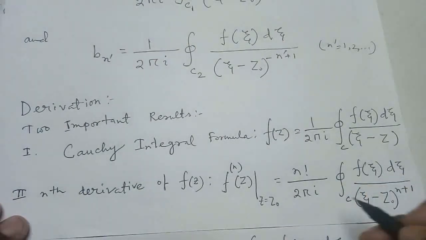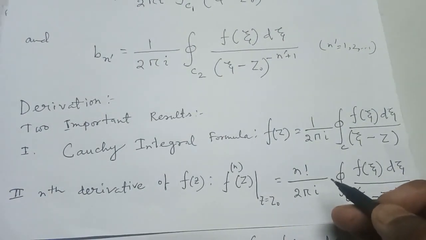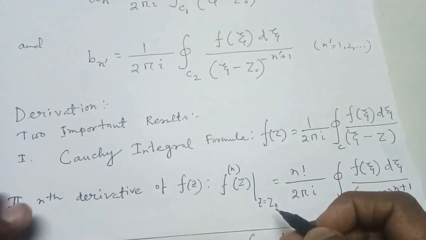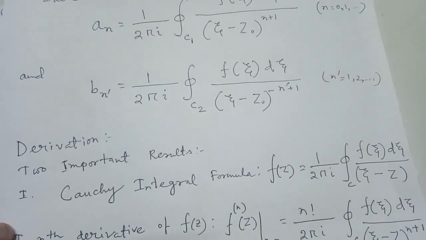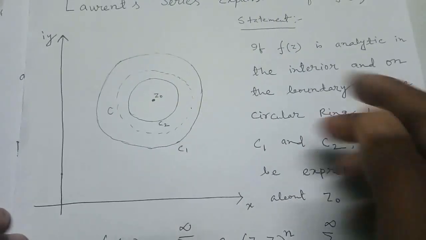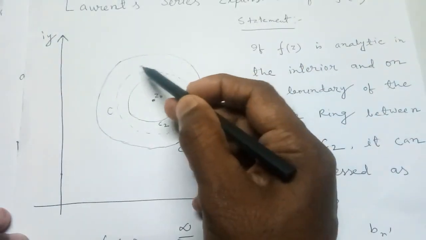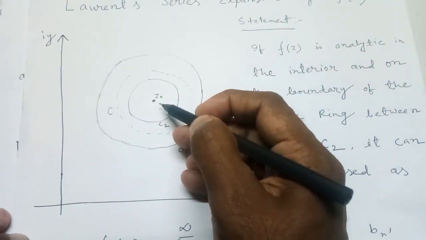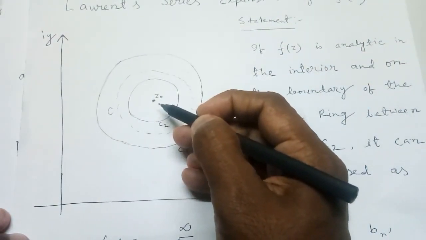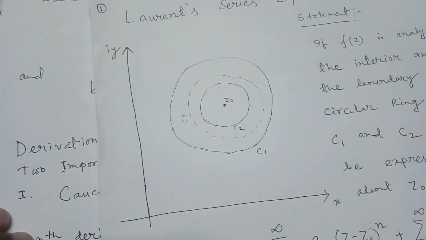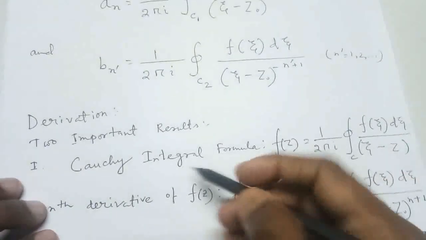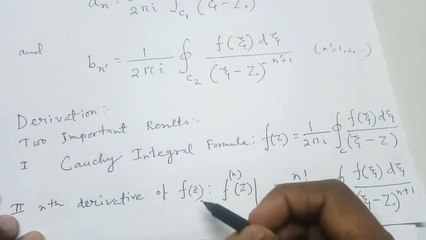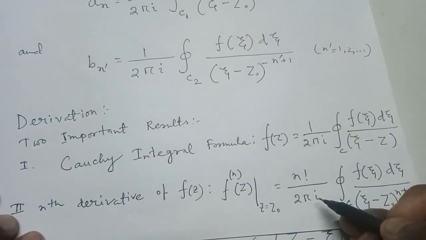This derivative we can only use if the function of z is analytic at z equal to z0 point. However, in our consideration the function of z is only analytic in this region. Function of z is not analytic at point z equal to z0. Therefore we will use only the first result and we will not consider the nth derivative of function of z in our derivation.